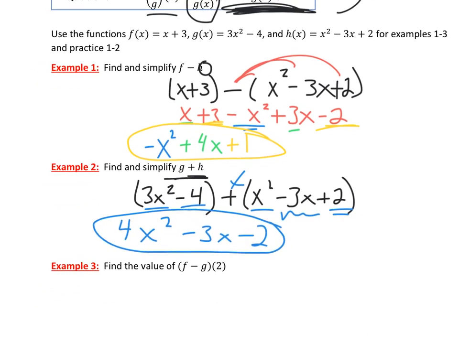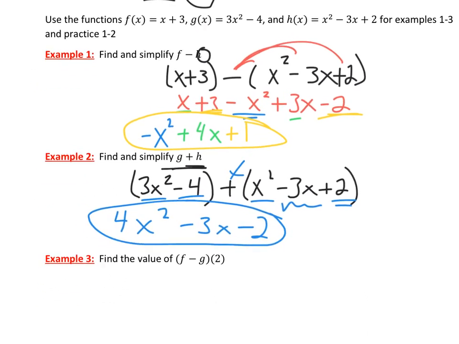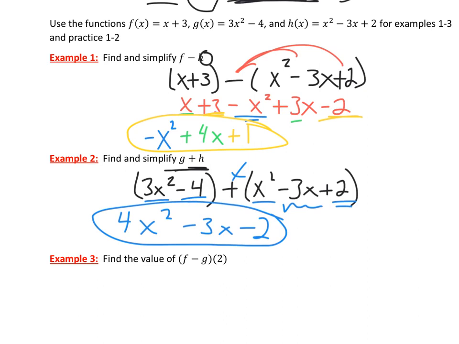And the last one using these functions, example 3, we are asked to find f minus g of 2. Now this 2 here does not mean to distribute 2 through. Instead, what it means in this notation is after you find f minus g, you plug in 2, just like f of 2 means.